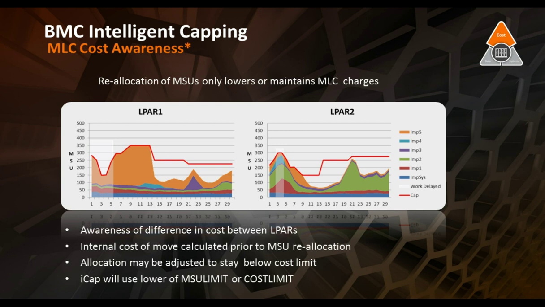So ICAP will manage to that cost limit to ensure that particular subsystem does not exceed a particular MSU limit. That way I'm keeping my costs down on my LPARs, keeping the cost down from a z/OS perspective, and keeping the cost down from my subsystems, because ICAP is cost aware based on the policy that is defined to it.